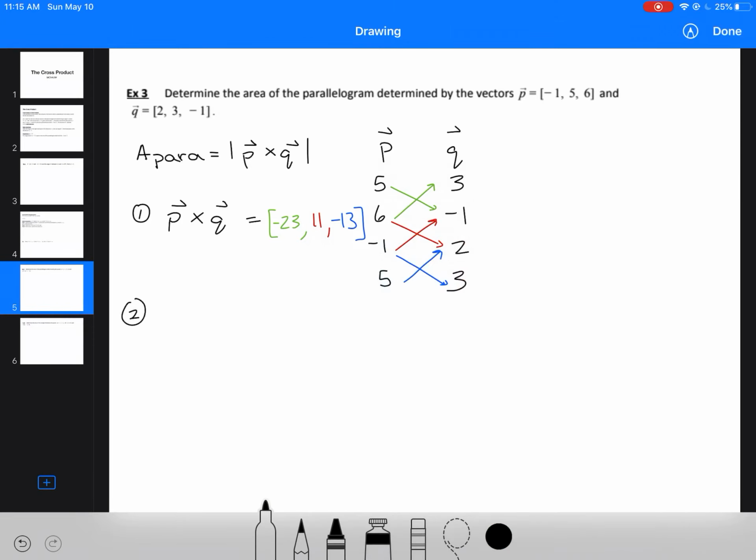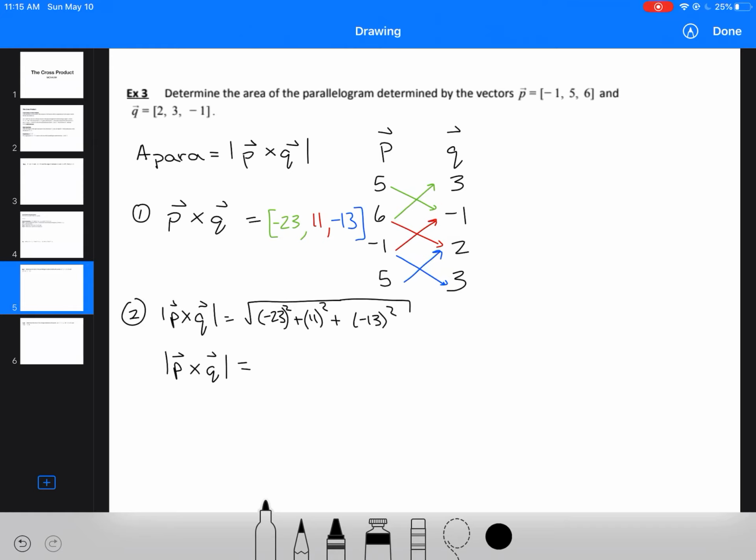So now I have the vector, but I'm asked to find the area. So in order to do that, I actually need to find the magnitude of the vector P cross Q. In order to find the magnitude, hopefully you remember this from last year, we are going to square each component, add them together and then take the square root. So we've got -23 squared plus 11 squared plus -13 squared, and then square rooted.